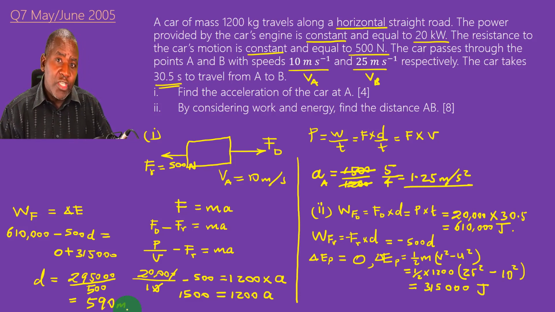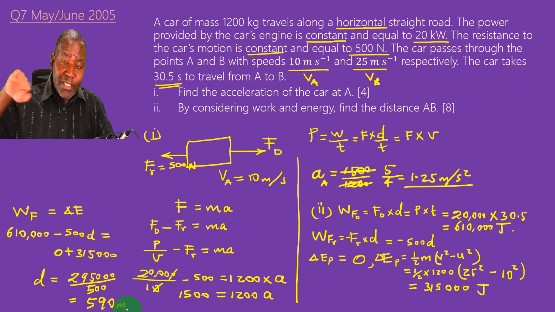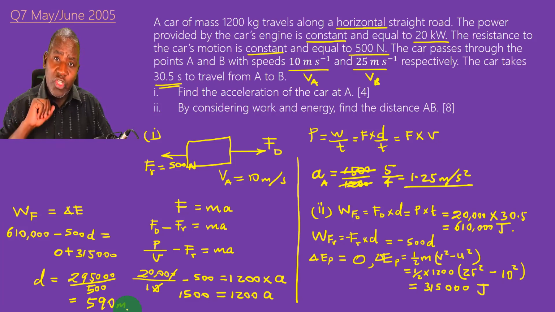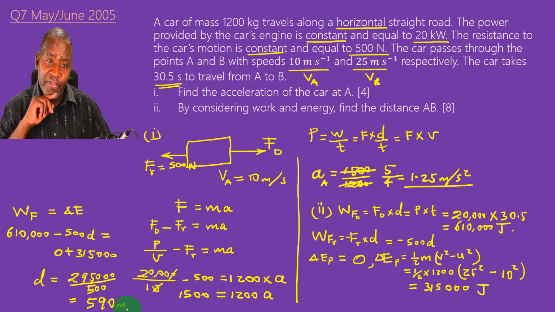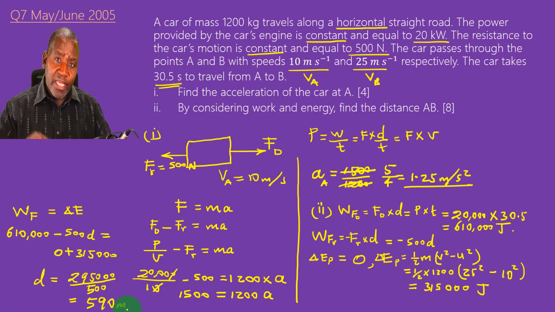As far as energies are concerned, you've got potential and kinetic. For potential, check whether the road is horizontal or inclined. If it is inclined, you've got to calculate the gain in potential energy. If the height of the object is increasing, the gain is positive. If the height is decreasing, the gain is negative.